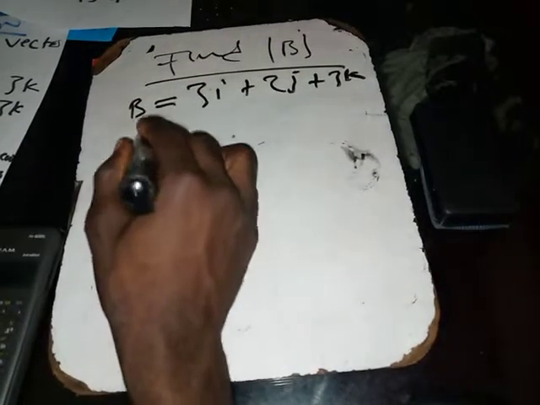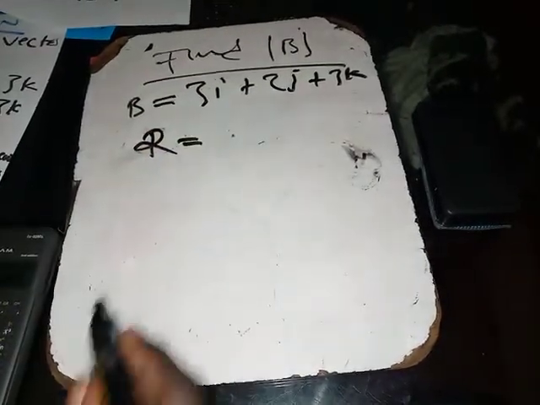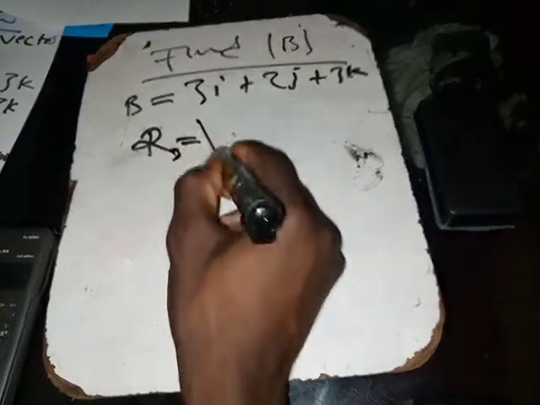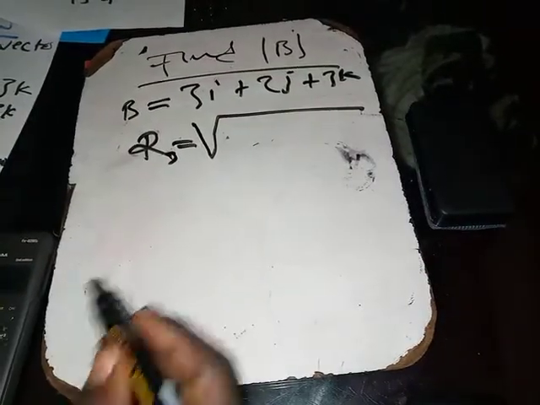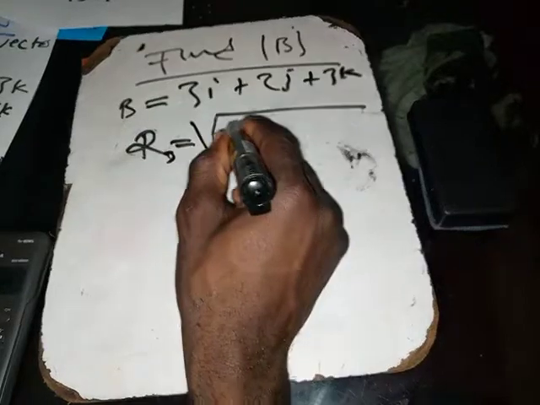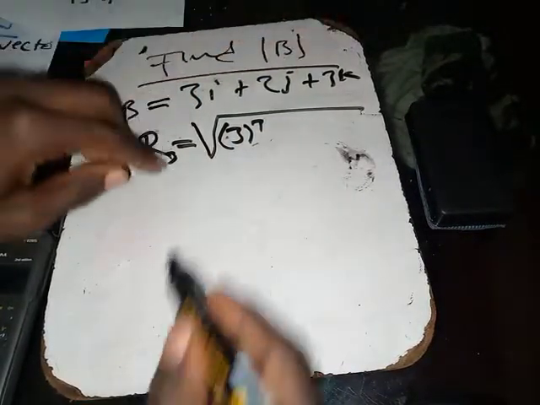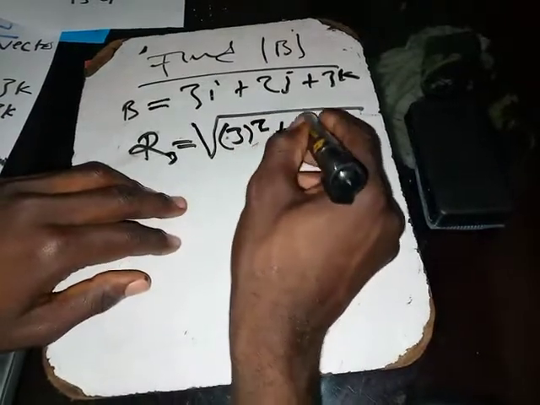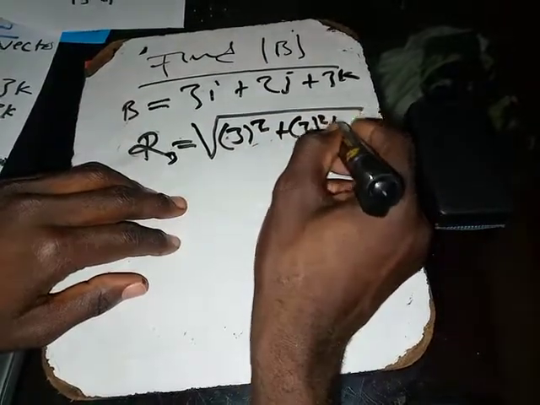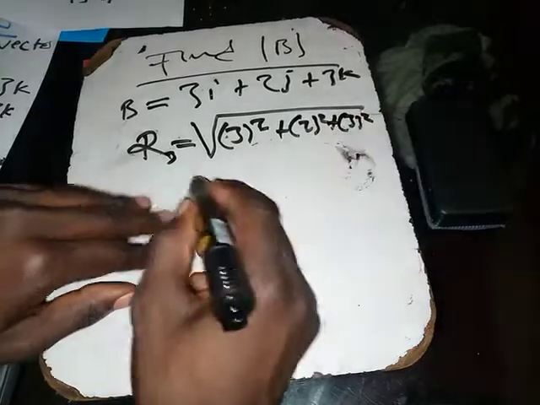The resultant of B is given by this formula: we pick the coefficients and ignore these letters. 3 squared plus 2 squared plus 3 squared.